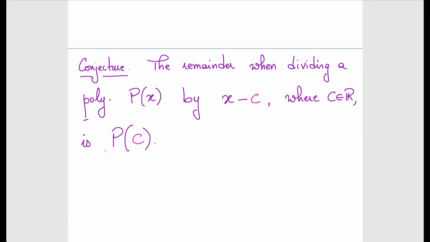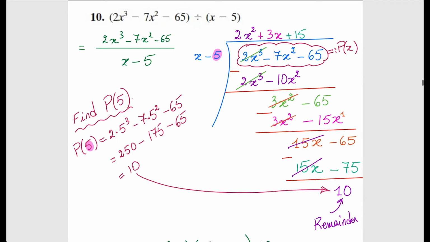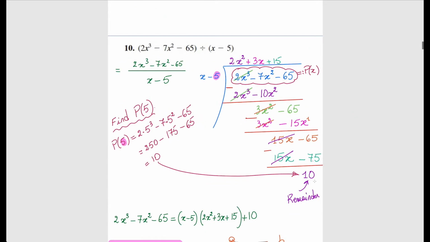If it's correct, it would be useful because if you are only interested in the remainder, then you don't have to go through the long division to get to the remainder. If what we said is correct, simply evaluate p at that number c.